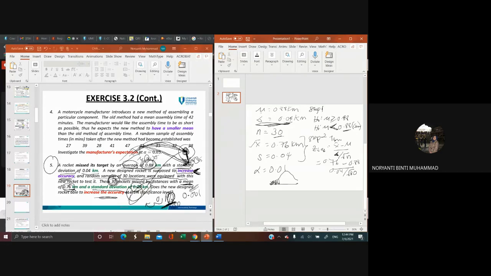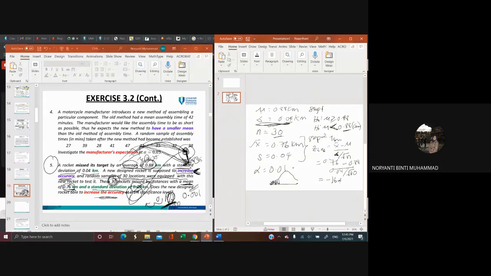Can anyone calculate for me? Don't you have a calculator in front of you? What is the answer? Negative 16.43. Yes, 4 decimal places.